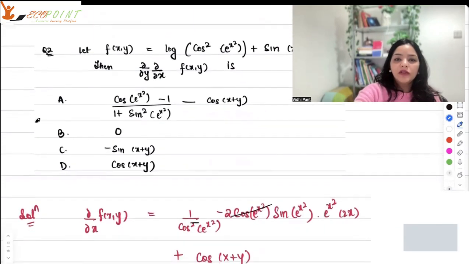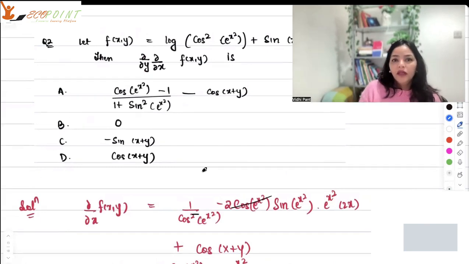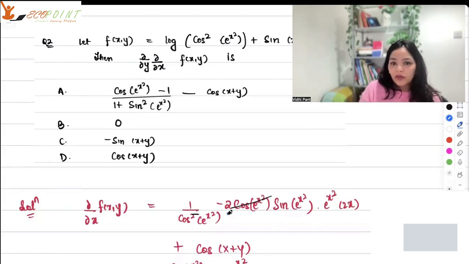So partially differentiating this with respect to x, what's going to happen? It's log of cos square. So when you differentiate a log function, it becomes 1 upon whatever you have inside the log. So 1 upon cos square ex square. But then chain rule will play its role. So therefore, you will have to differentiate cos square.